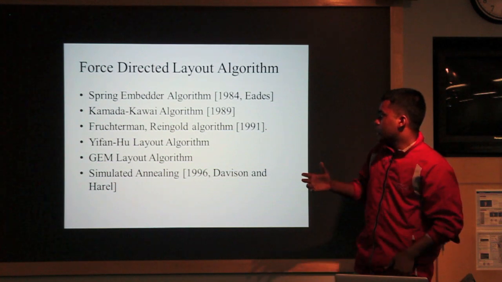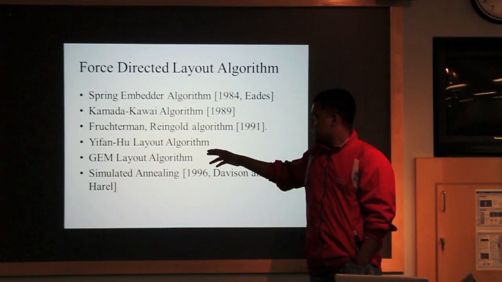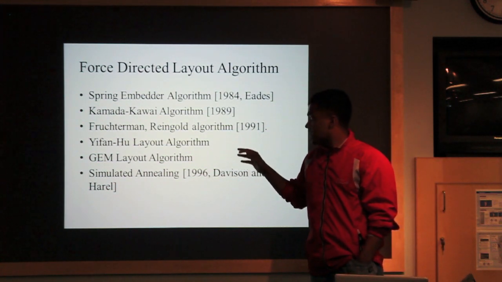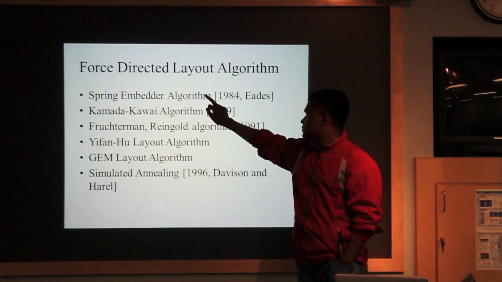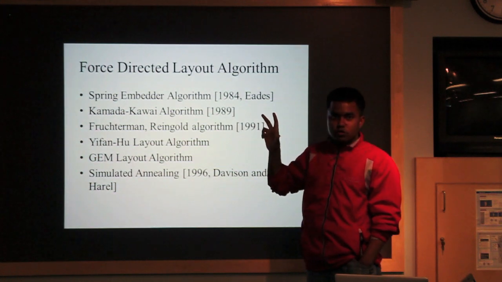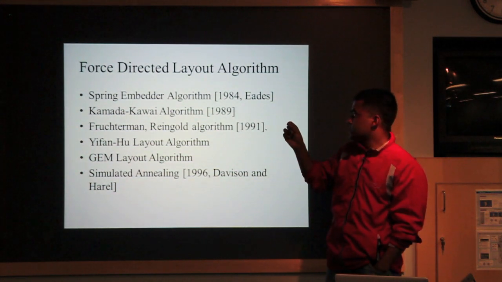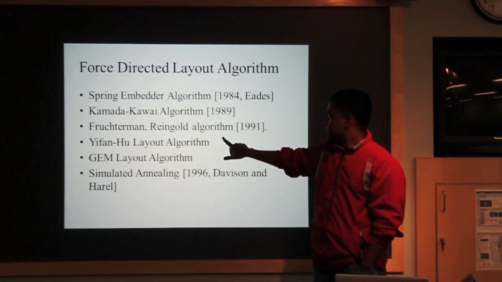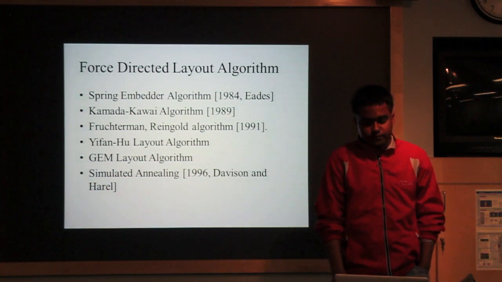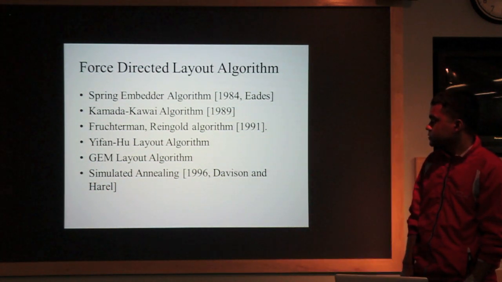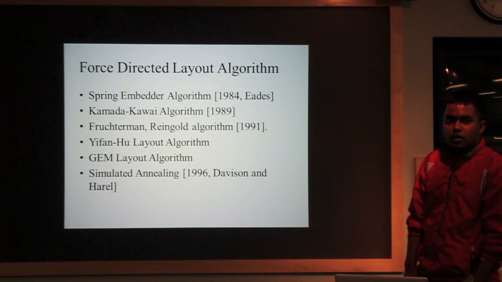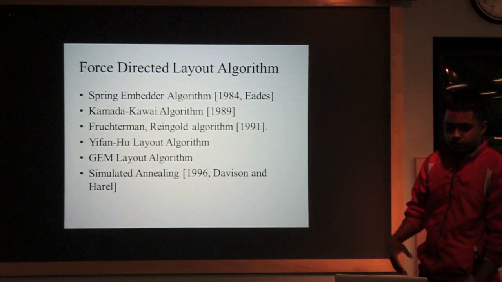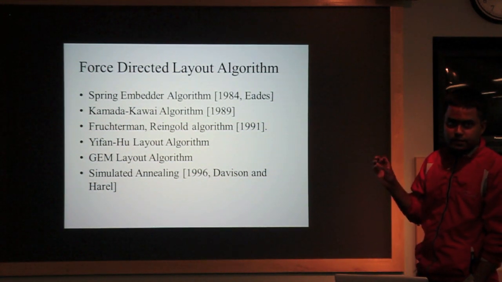All of them are the same, but there are some variations in parameters, like the spring embedded algorithm with Hooke's law, spring connections and charged particles. So when I give the same graph to different algorithms, the layout that they produce will be different? Yeah, that will be different, but they work on the same basic principle, force-based.